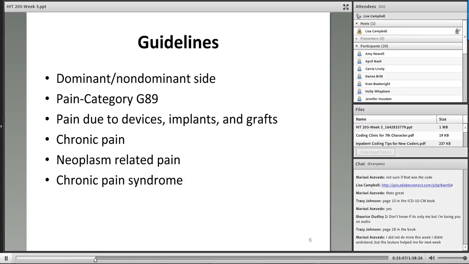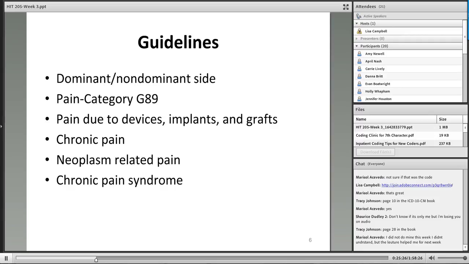Dominant and non-dominant side. Codes G81, G83.1, 2, and 3 identify whether the dominant or non-dominant side is affected.